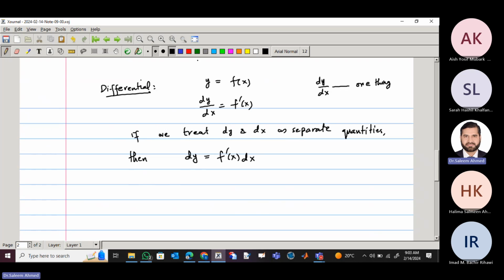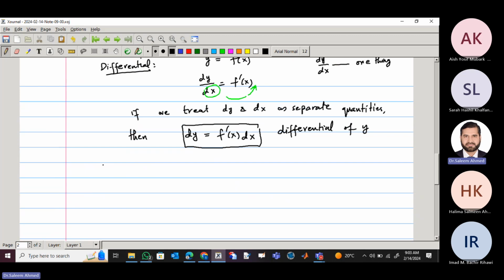Then I can multiply this denominator here on the right side. Agree? Because if we treat them as separate things. So this is called a differential of y, dy. Okay, and dx is the differential of x. So these are two things.